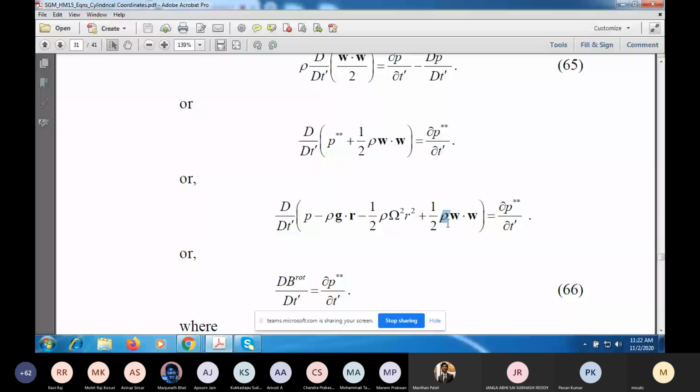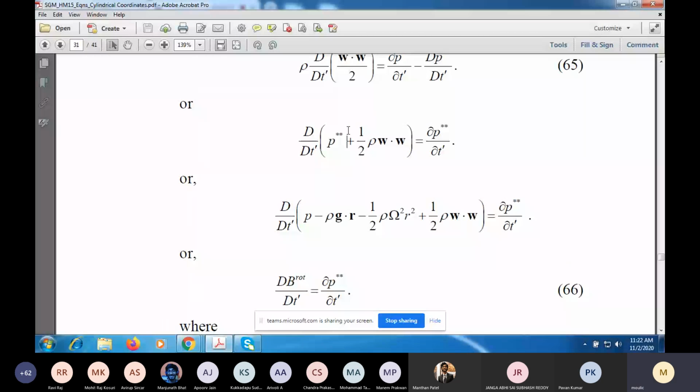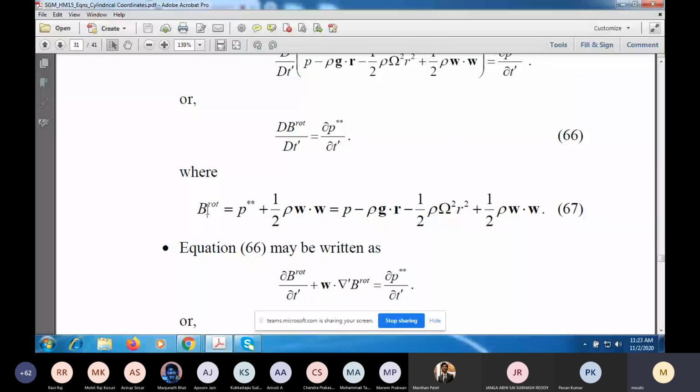energy term here. So let us introduce, as we have done before, a symbol B, capital B, B for Bernoulli, and I put a superscript ROT because this is in a rotating frame. So let this quantity in parenthesis, P double star plus half W dot W, be denoted by the symbol B rot.